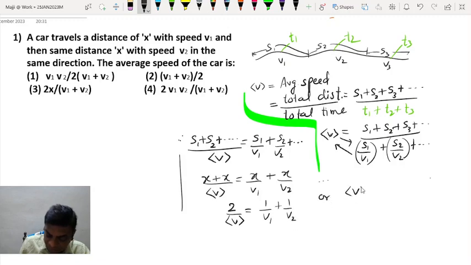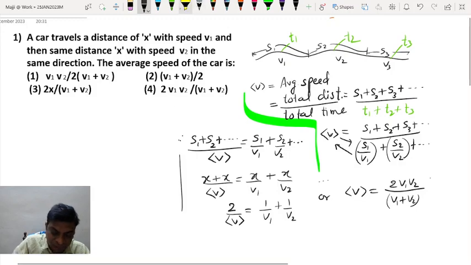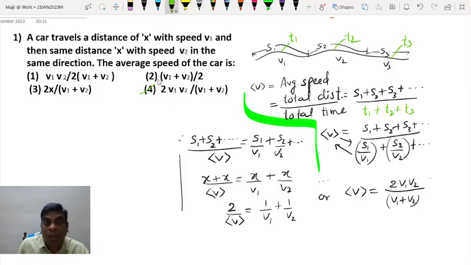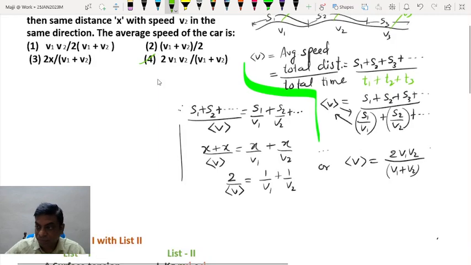Upon simplification you get the average speed as 2 V1 V2 upon V1 plus V2. In the language of mathematics, we call this the harmonic mean of V1 and V2. So here the average speed is the harmonic mean of V1 and V2.